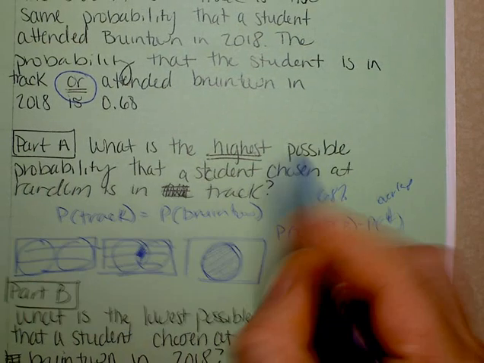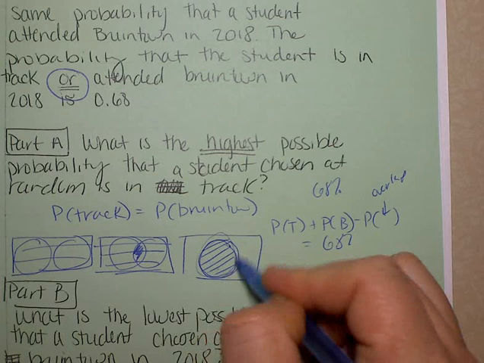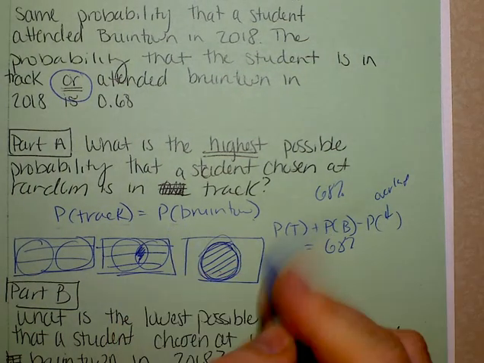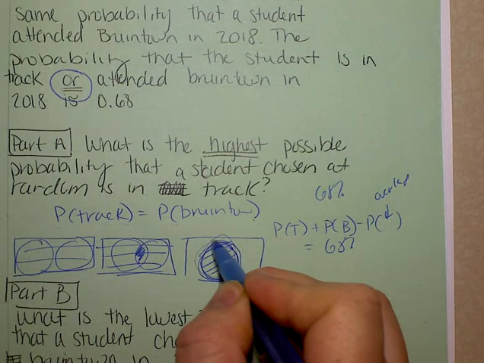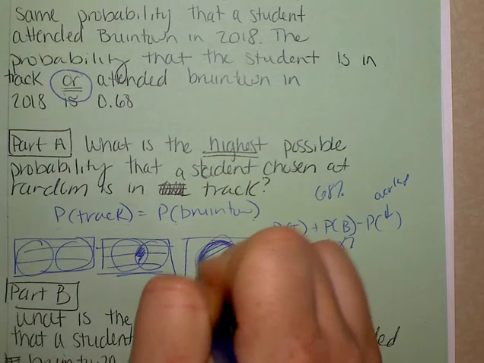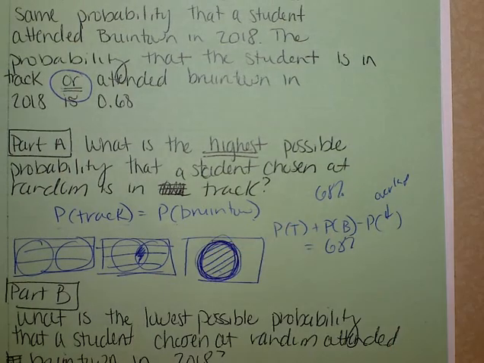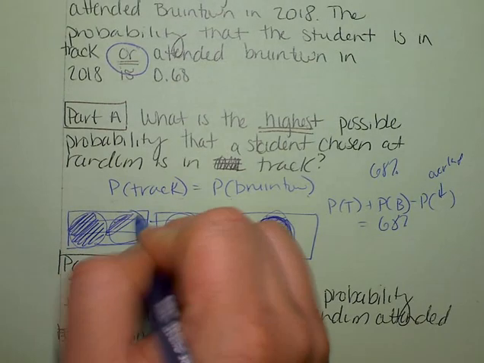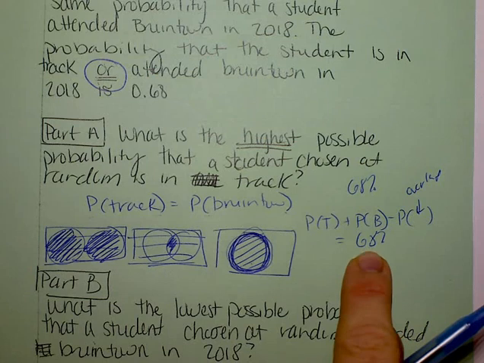Because if they're exactly the same circle, because track is equal to Bruintown, then what would the probability be for both? What would this circle be? And what would these circles be? You know it has to add up to 68%.